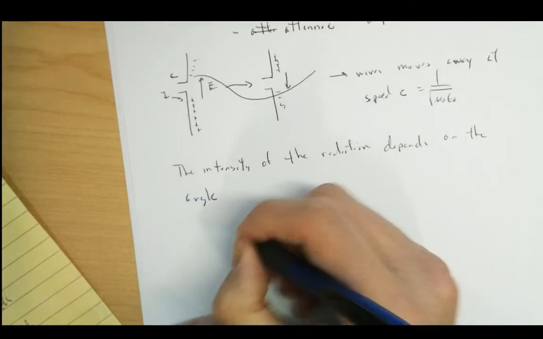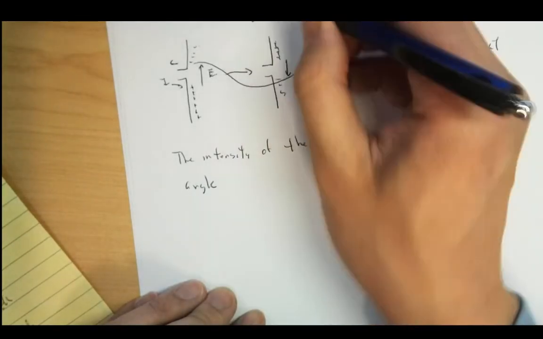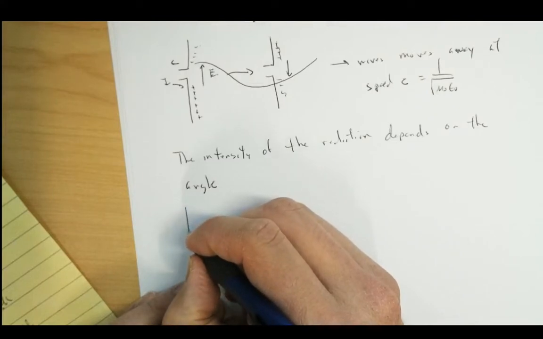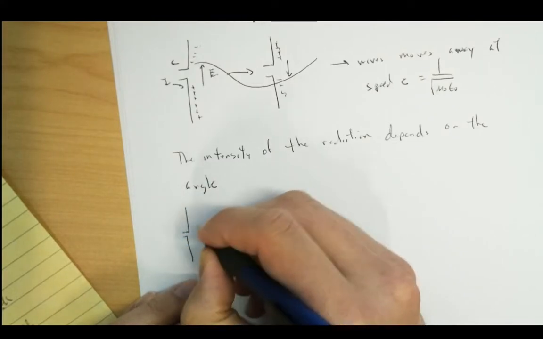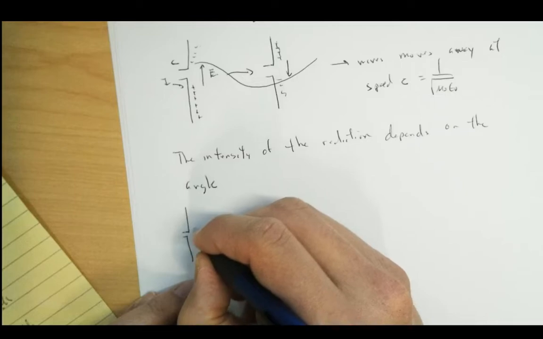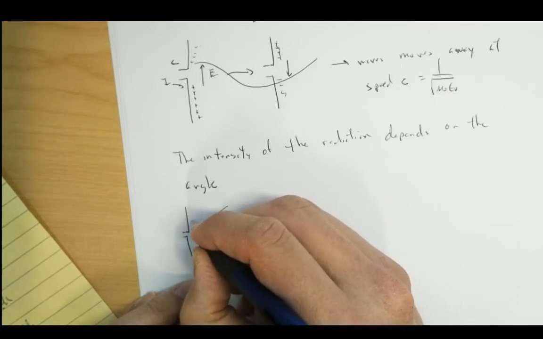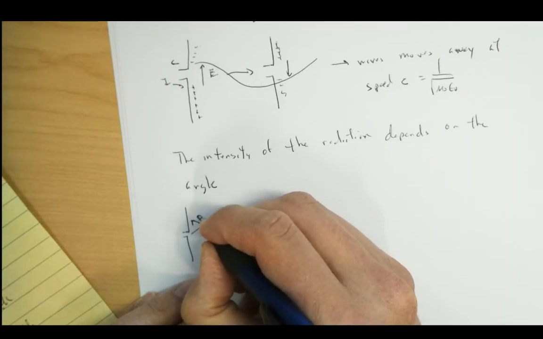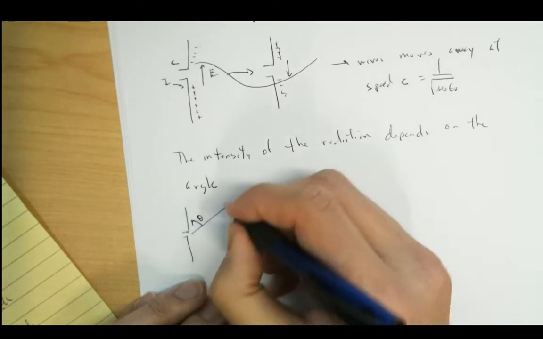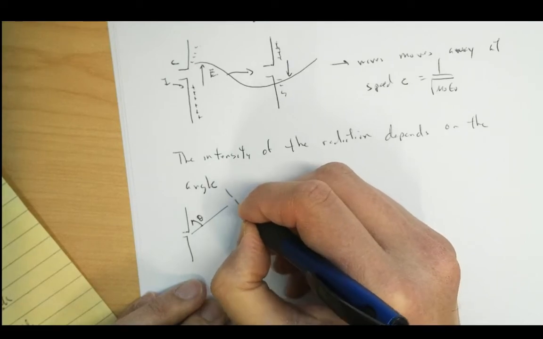So for instance, if you have an antenna like this, and you're seeing it at some angle theta, there's your other antenna which will receive it.